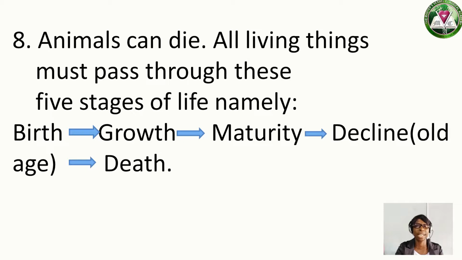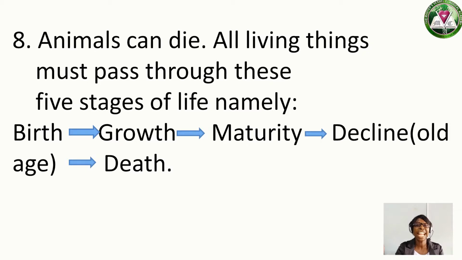As long as you are an animal, you must die. Anything that cannot die is not a living thing. So animals can die. In other words, animals are living things.